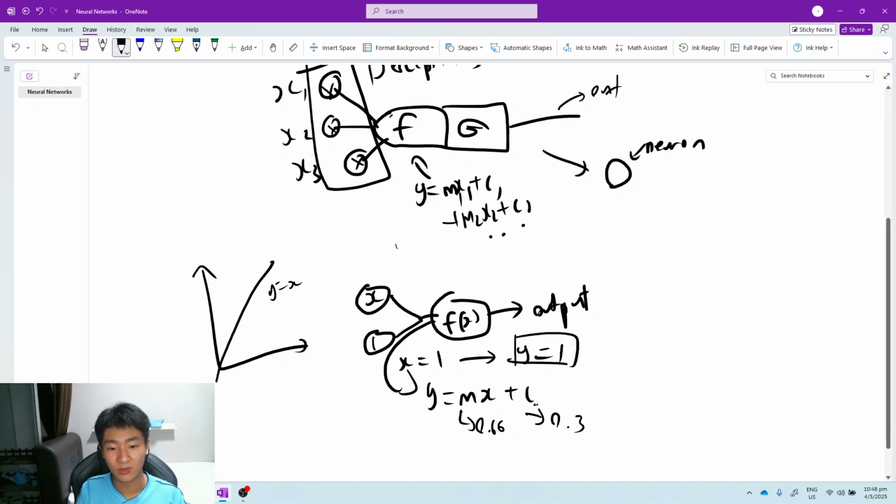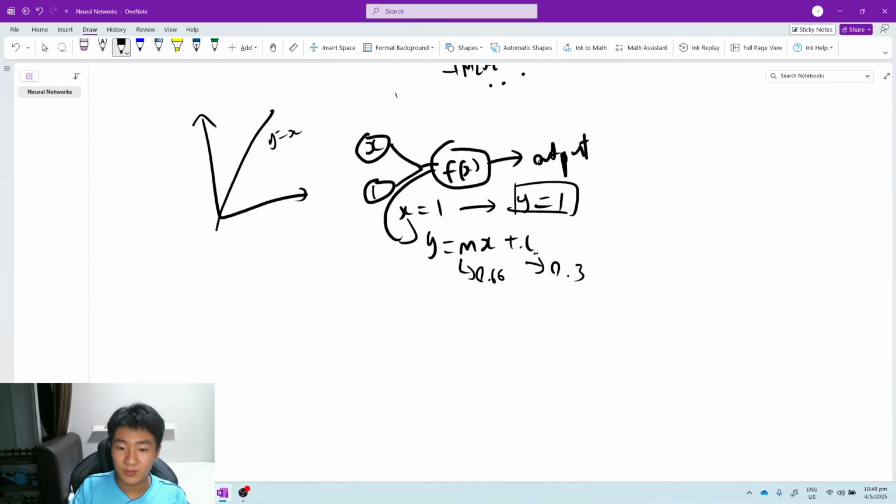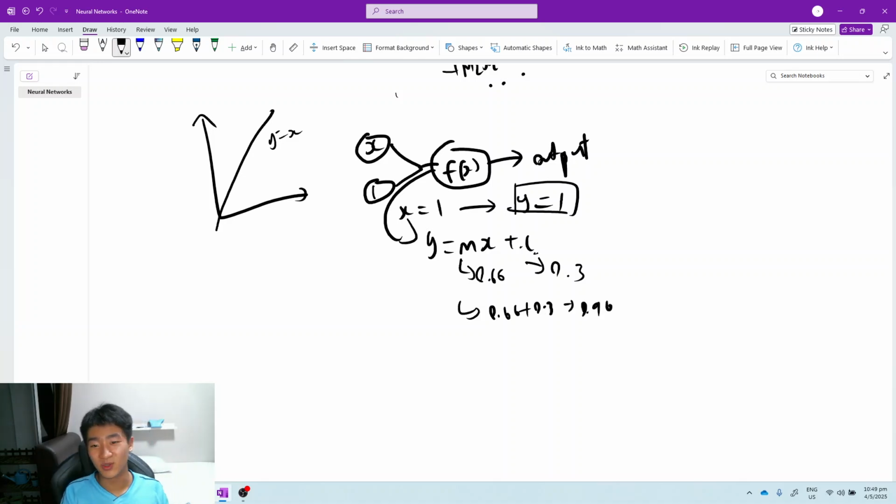This allows the model to kind of implement c in a way. I'll tell you why later. So y equals mx plus c, it guesses that, and so let's say we pass in 1, it will predict a value of 0.66 plus 0.3. Wait, that's actually 0.96. It's close enough. The model is lucky, it guessed 0.96, which is very close to 1. That's pretty good, but there's still a difference somewhere.